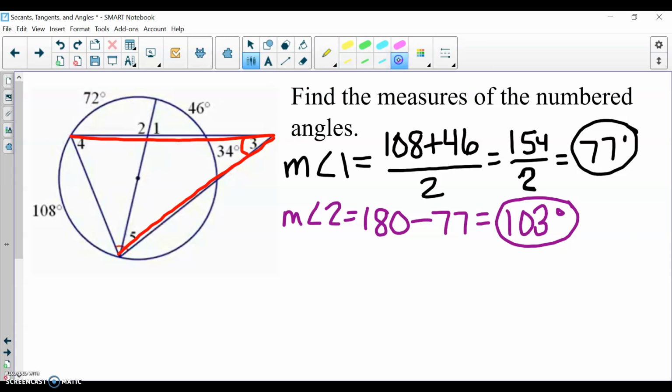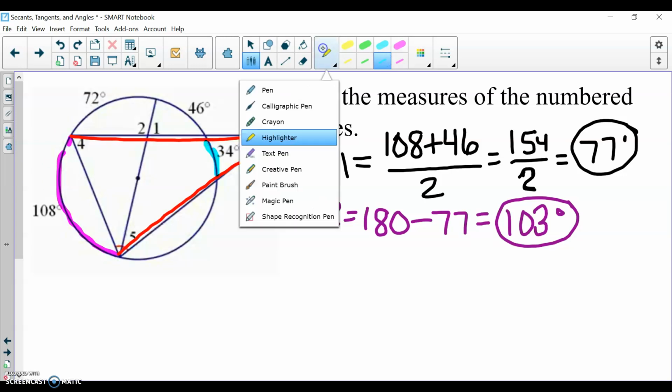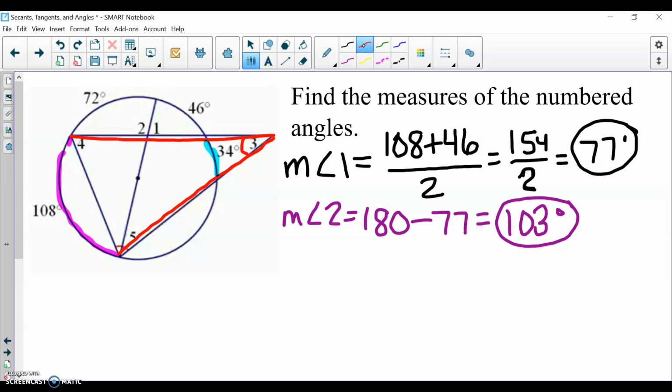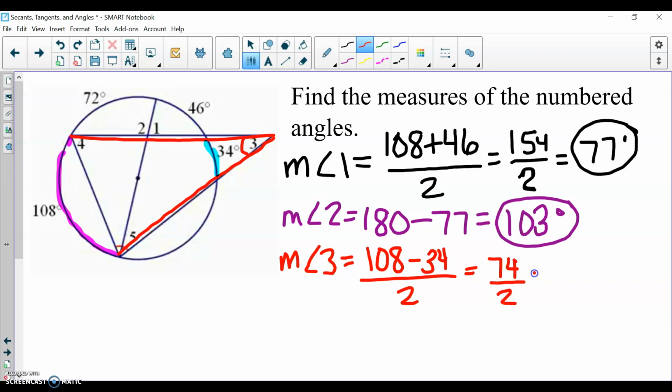We have the larger arc on the outside, which is 108, and then the smaller arc on the inside, which is 34. So if we use our formula from that last page for the secant angle relationship, we take the larger arc minus the smaller arc and divide that by 2. Big minus small divided by 2. 74 divided by 2 gives us 37.